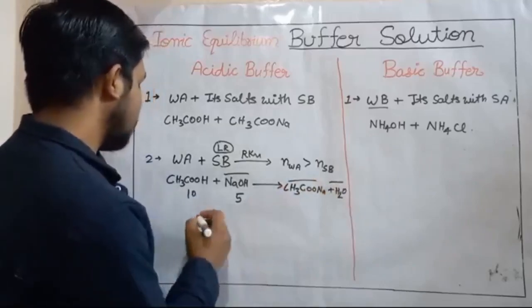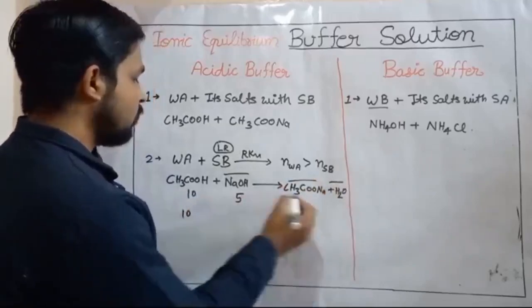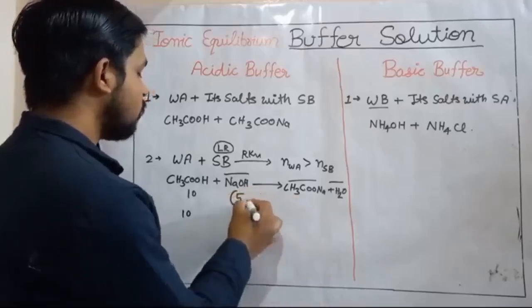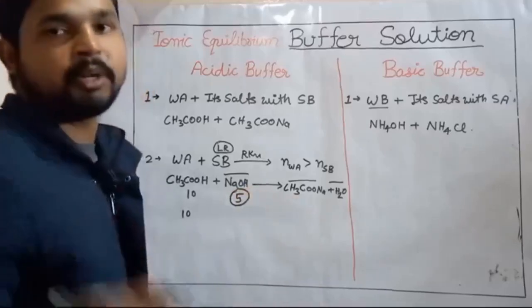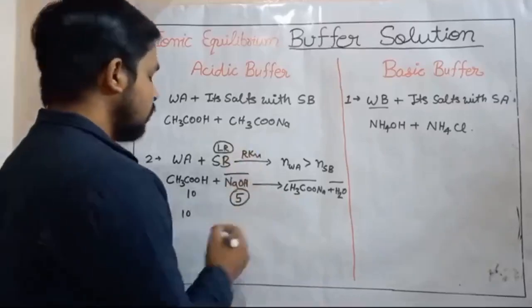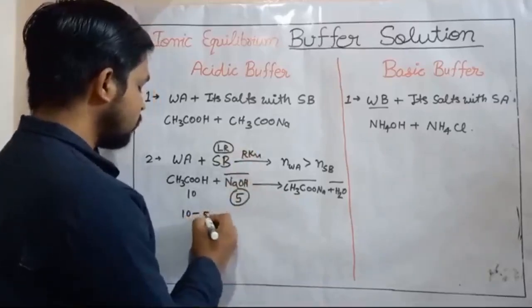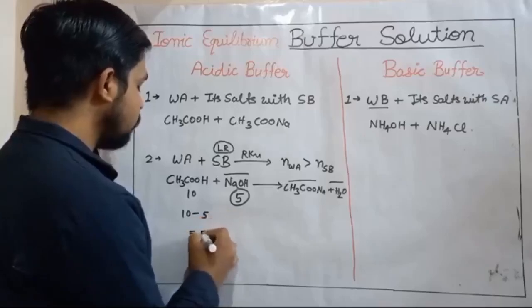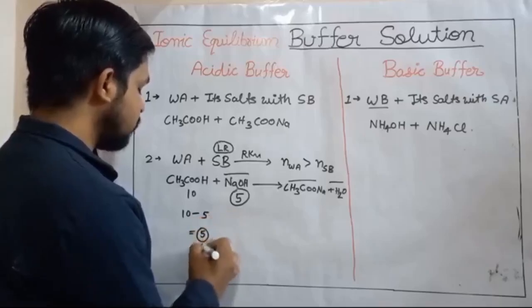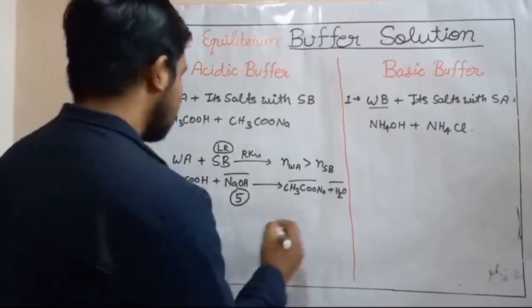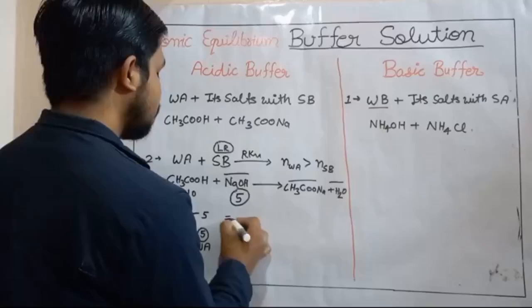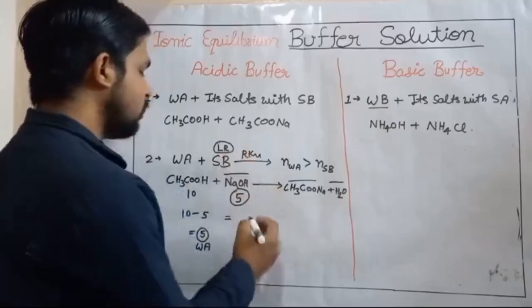Okay, then here 5 moles of NaOH, because NaOH is present in a limiting amount. Okay student, here 5 moles of weak acid remain in solution, and there is full consumption of the strong base.